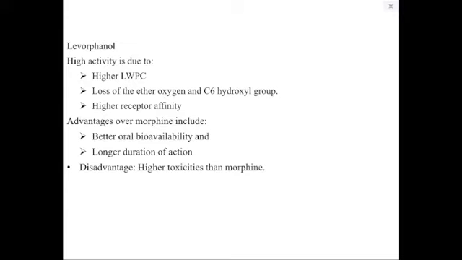Also, compounds with a higher lipid-water partition coefficient take a longer time to undergo metabolism, because they require longer to acquire the water solubility that allows them to be removed from the body.